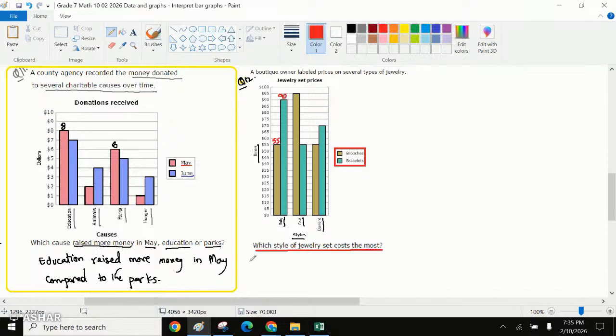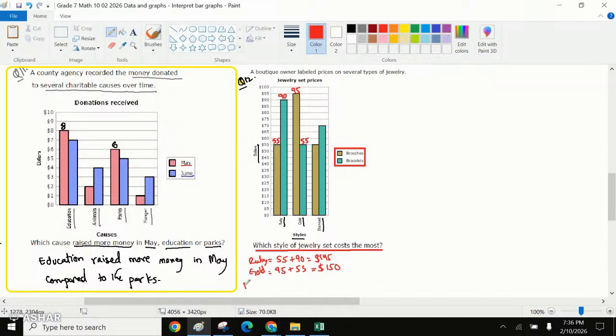So ruby would cost 55 plus 90. That means just an example, right? 145. Then we had gold. Gold was 95 and 55, right? That would be 150.